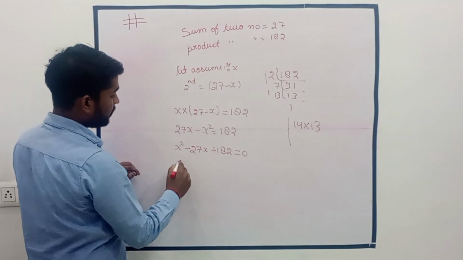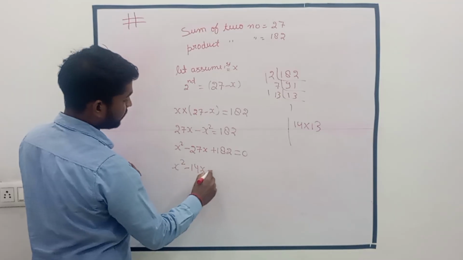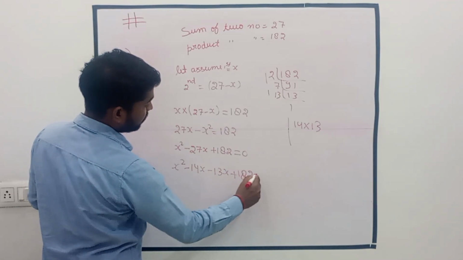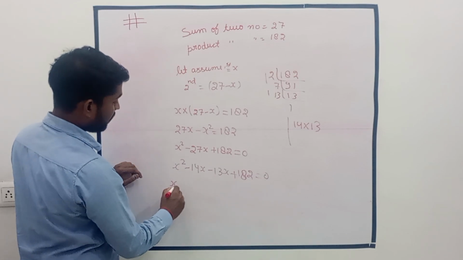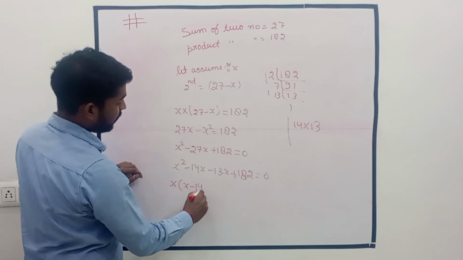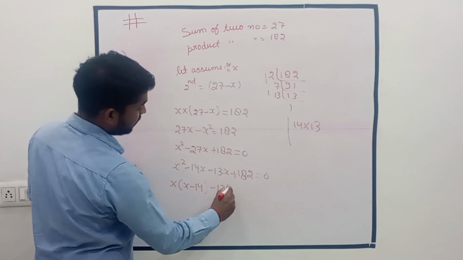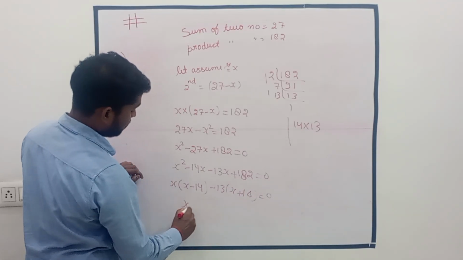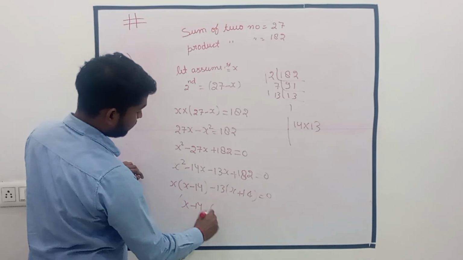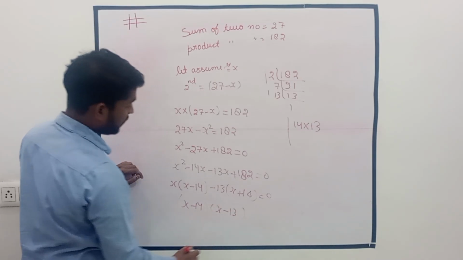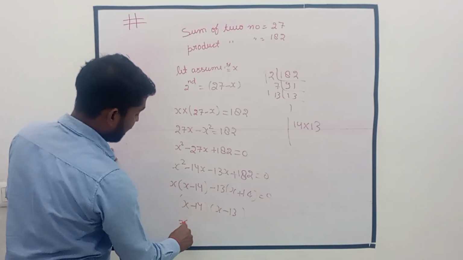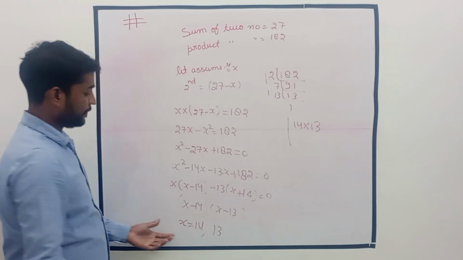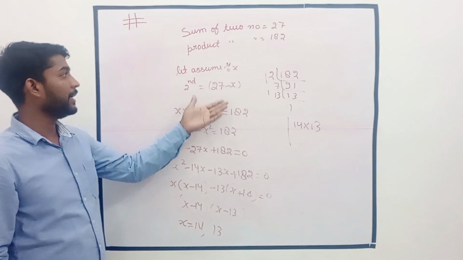We have two factors, and we have the x value 14 and 13. The answer is 14 and 13.